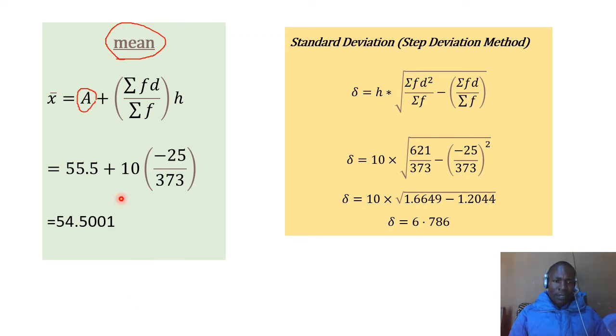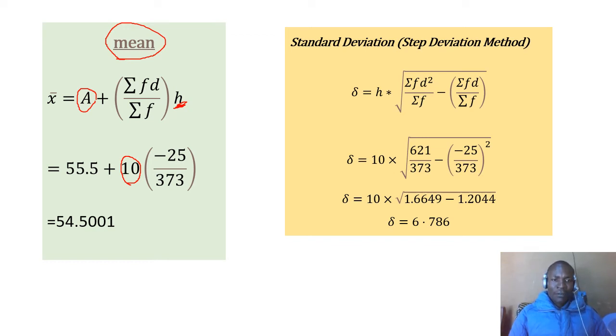As you look at our frequency distribution table, we said let the assumed mean be 55.5. That's what we'll use as the assumed mean. Then you add h. H we said is the class width, which is 10. Then all that we shall multiply it by.